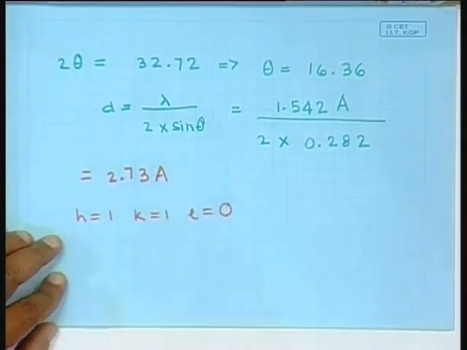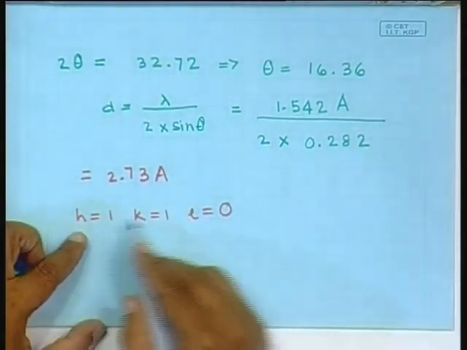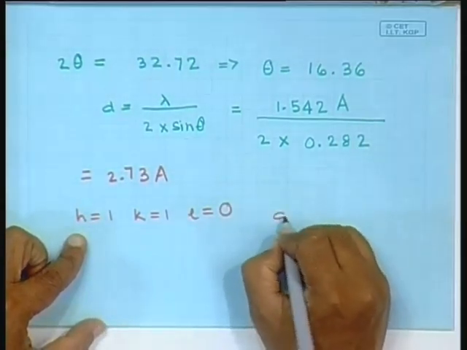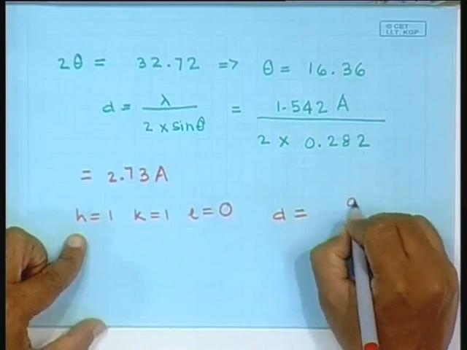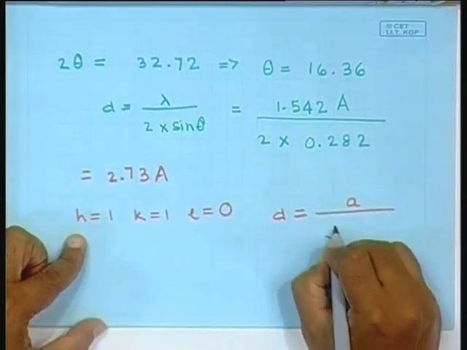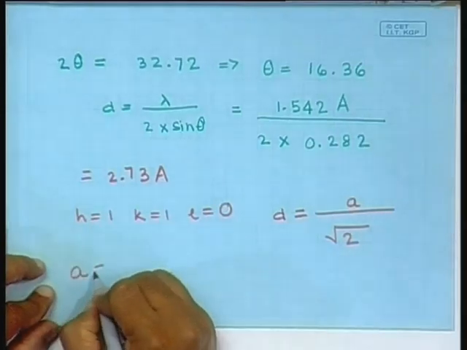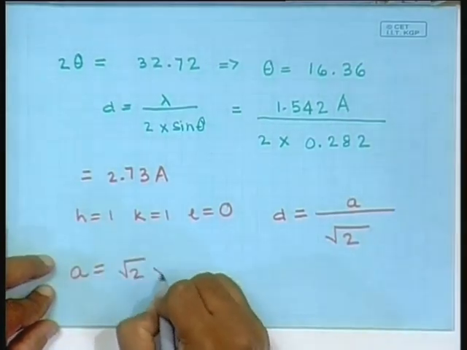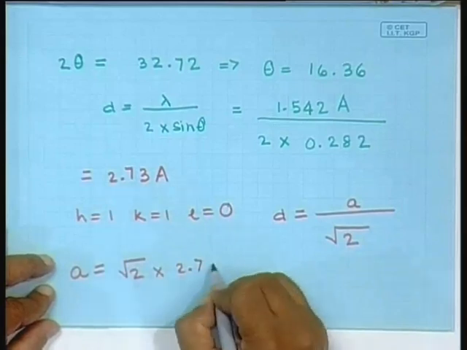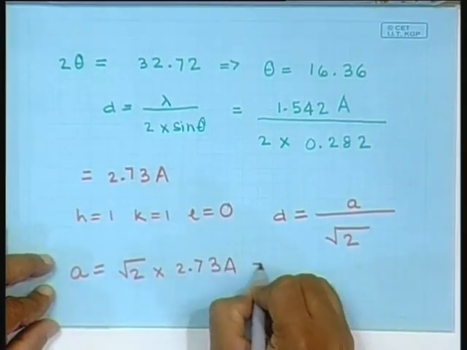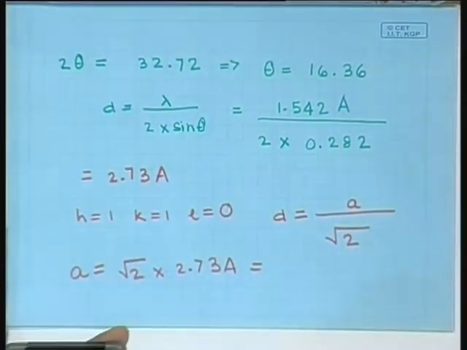That is the next set of Miller indices, and d is equal to a by square root of 2 in this case, so we can use this to calculate a. a is square root of 2 into 2.73 Angstrom, which comes out to be 3.87.